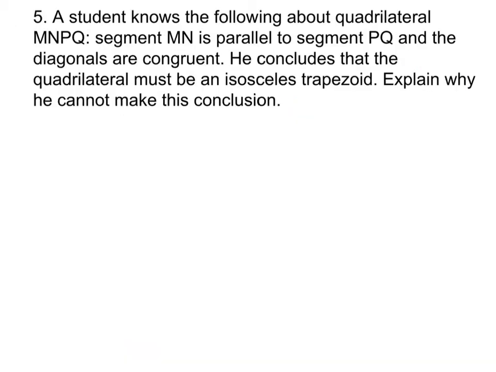Okay, a similar problem to this, and when I put this on my program that I use, the writing came out funny, so I had to retype it a little bit. A student knows the following about quadrilateral MNPQ. Segment MN is parallel to segment PQ. Okay, so I have M, N, P, Q. And the diagonals are congruent.